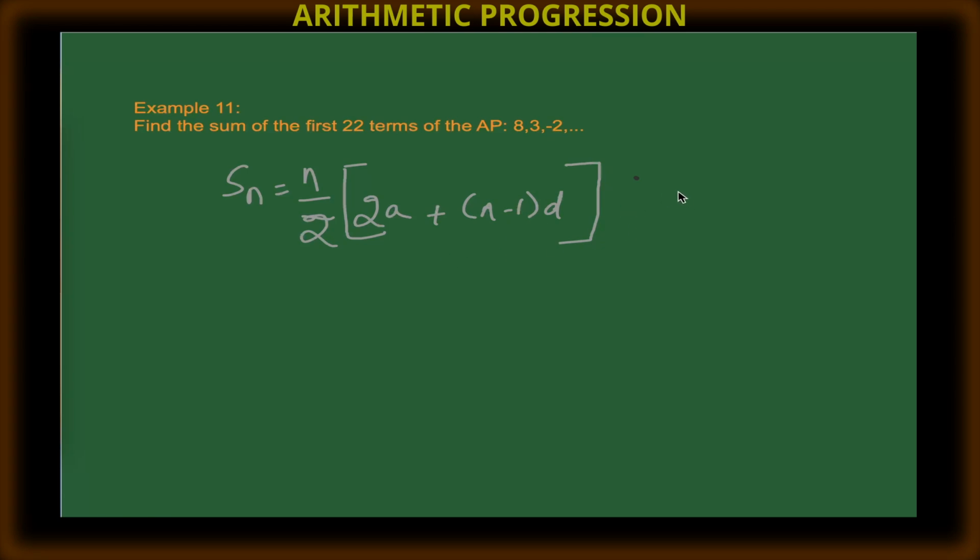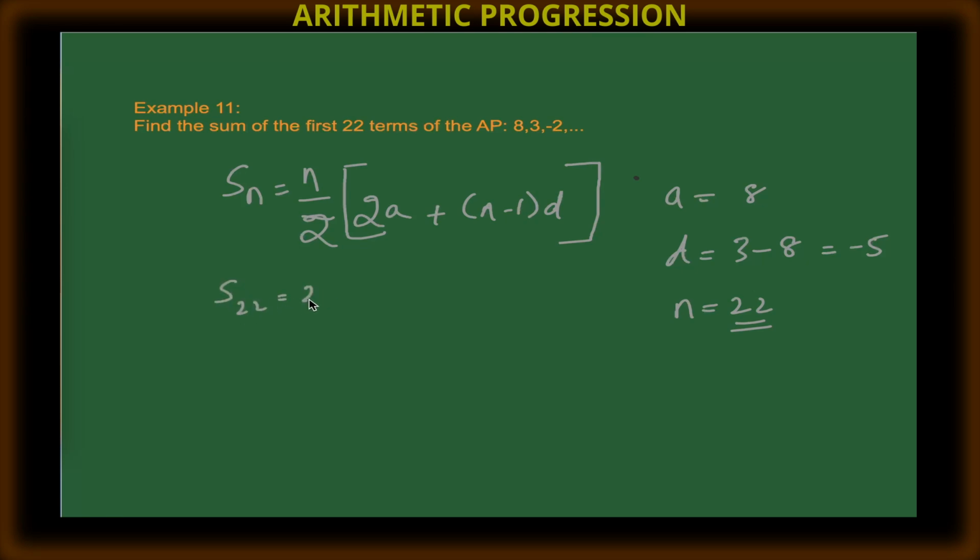So what do we have now? We have a is equal to 8. We have d, which is nothing but 3 minus 8, which is equal to minus 5. And we have n is equal to 22 as given in the question. So now we need to just replace the values here.